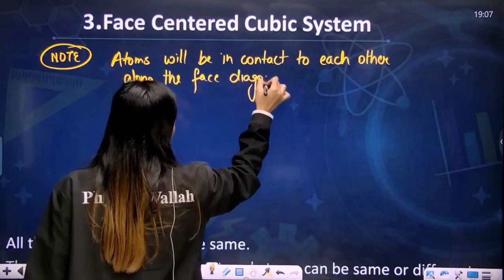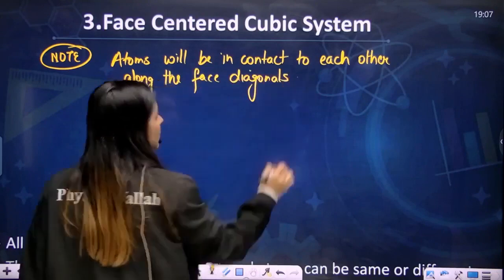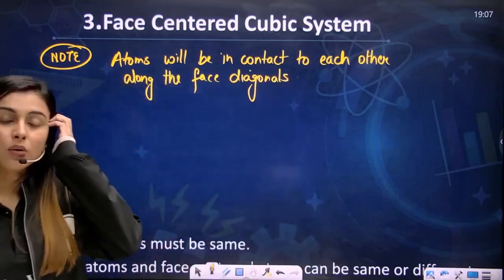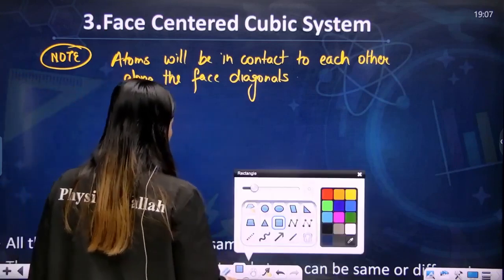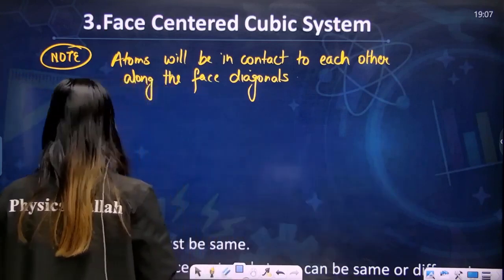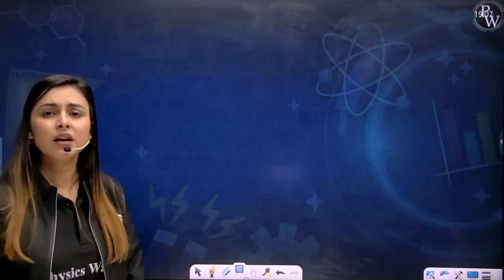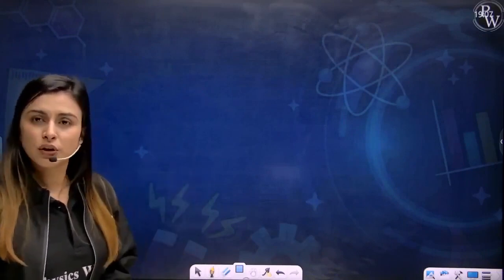I hope it's clear. Now try to do this on your own. First and the most important thing is we have to find the relation between a and r. So first let's find that and then we'll calculate the packing fraction.